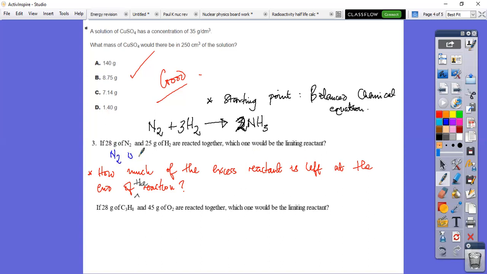Correct. N2 is limiting. Very good. Now, how much of the excess reactant is left at the end of the reaction?